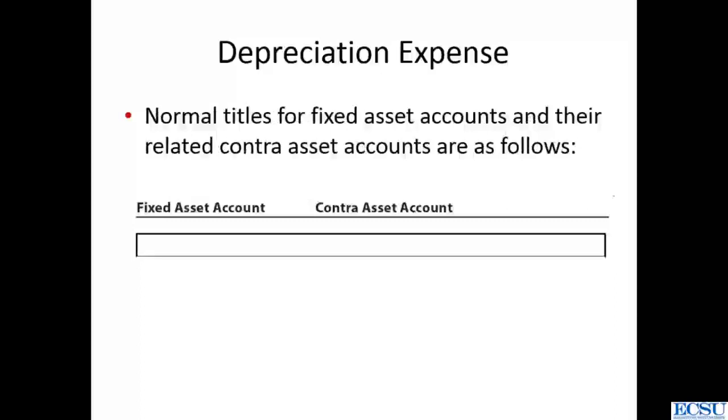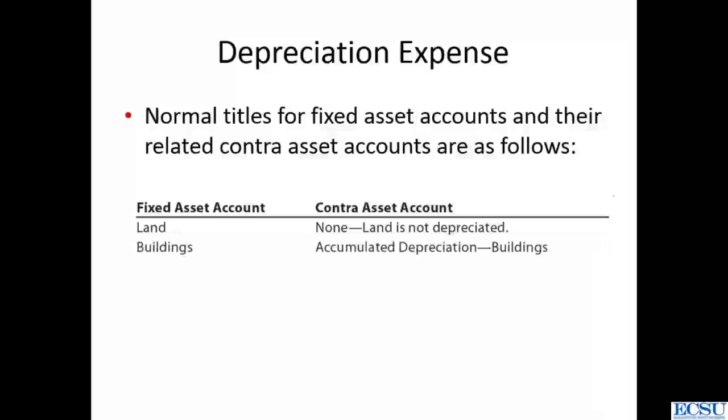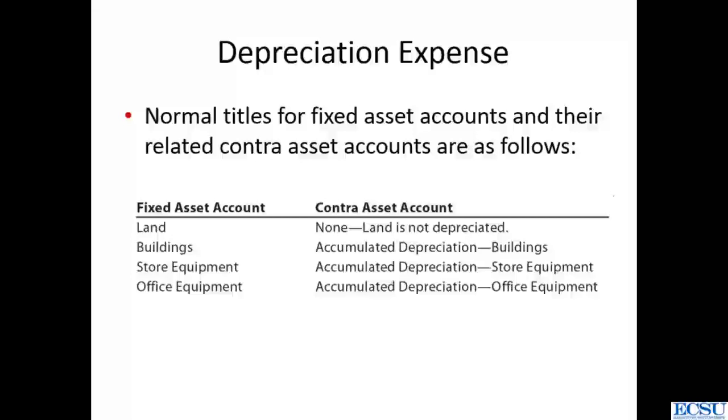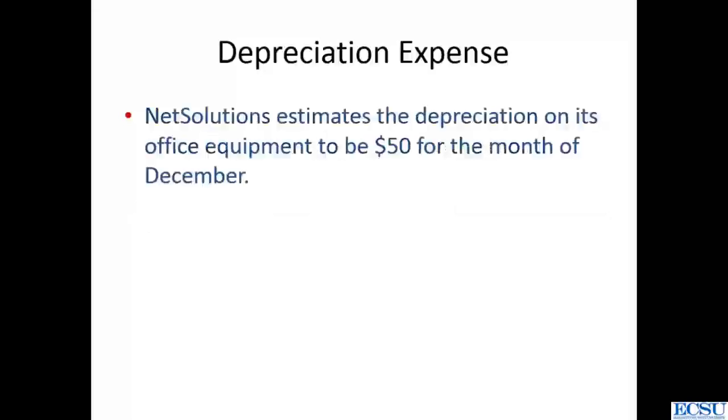Normal titles for fixed asset accounts and their related contra asset accounts are as follows: a land account, it's not depreciated, so none. Buildings account, it is accumulated depreciation buildings. Store equipment, it is accumulated depreciation store equipment. Office equipment, accumulated depreciation in office equipment.